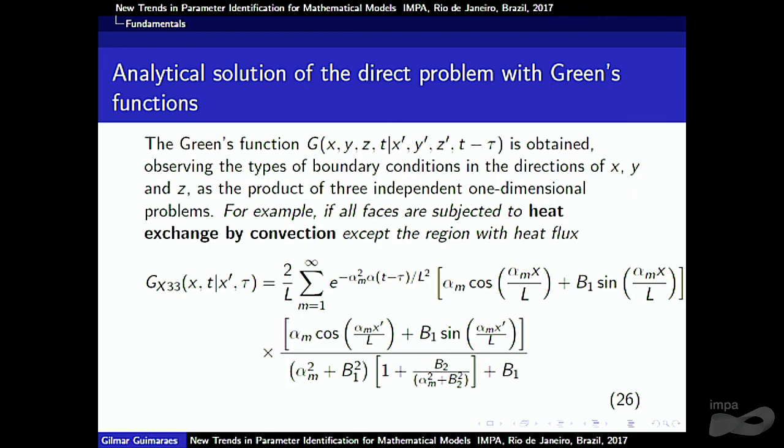We can have the condition of the first, the second, and the third type, independent. In this case, for example, if we have all faces subjected to heat exchange by convection, except the region with the heat flux, the Green's function for this kind of problem can be given by equation 26.